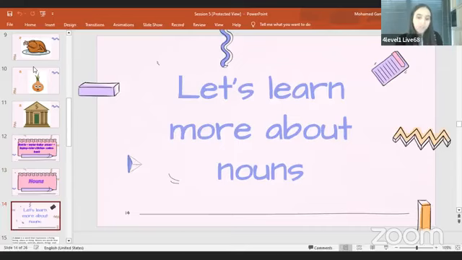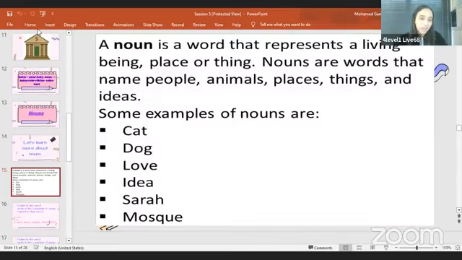Today we will learn more about nouns. Nouns are words to name people, animals, places, things, or ideas.